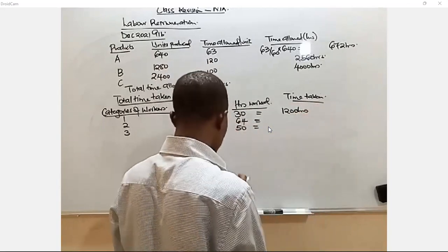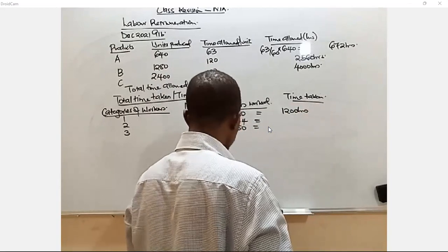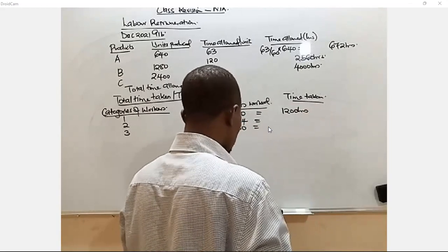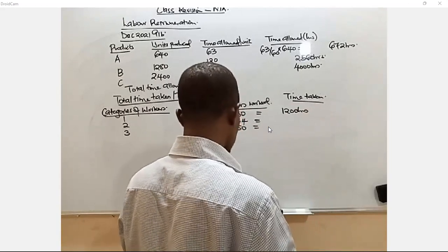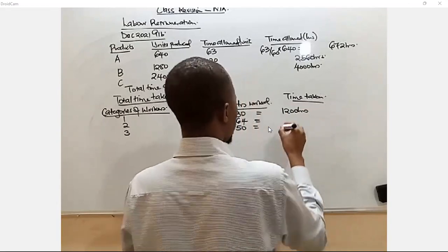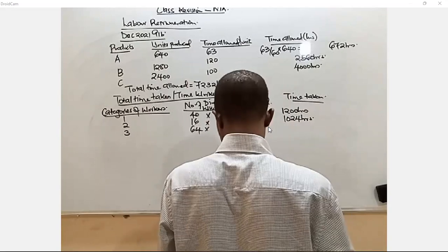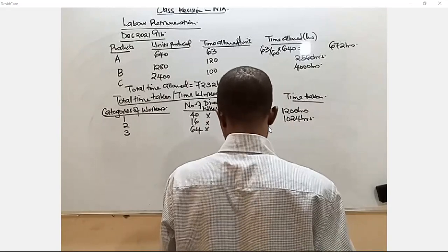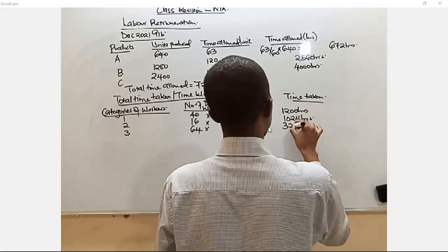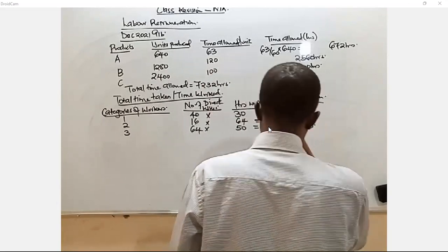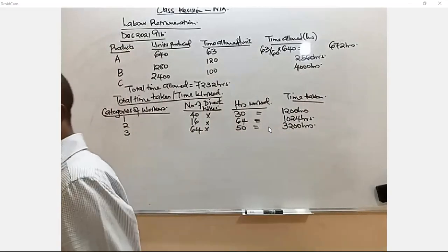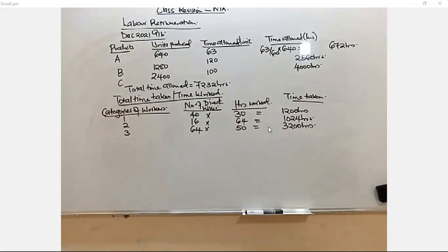Then the other one would be 16 times 64, which is 1024 hours. You have 64 times 50, getting 200 hours. So ask yourself, what is the total time taken?